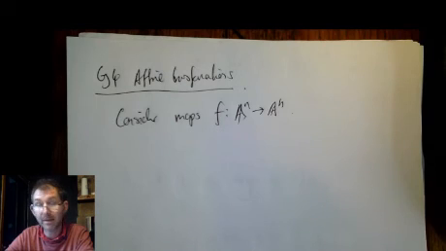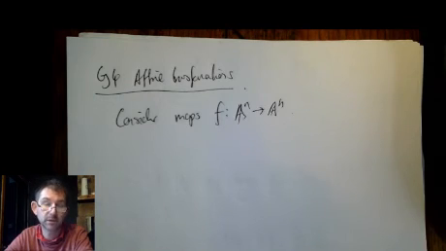So the maps that we're going to consider are going to be those that preserve that aspect of the geometry. There are lots of maps we could consider that don't preserve relevant features of the geometry. For example, you could just take 2 points in affine n space and swap them over, leaving everything else the same. That wouldn't even be a continuous map.